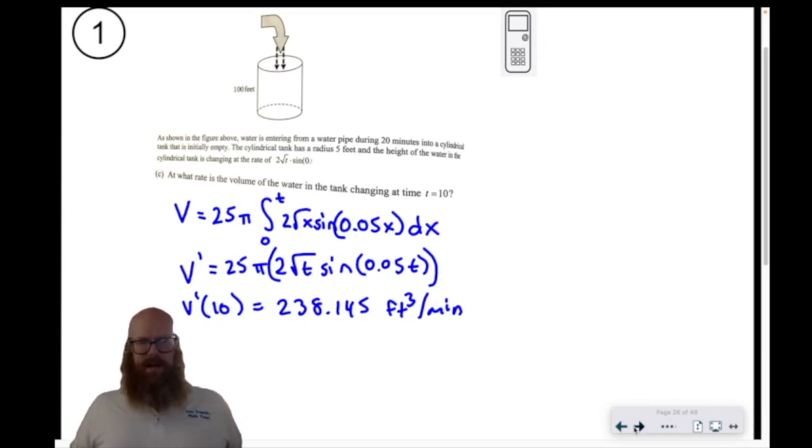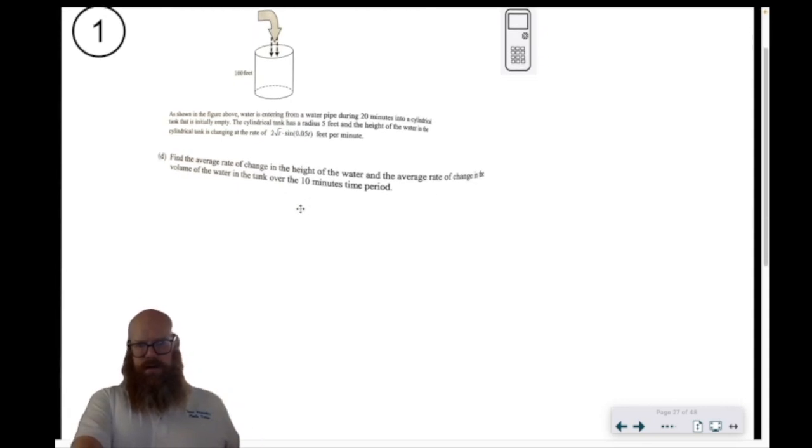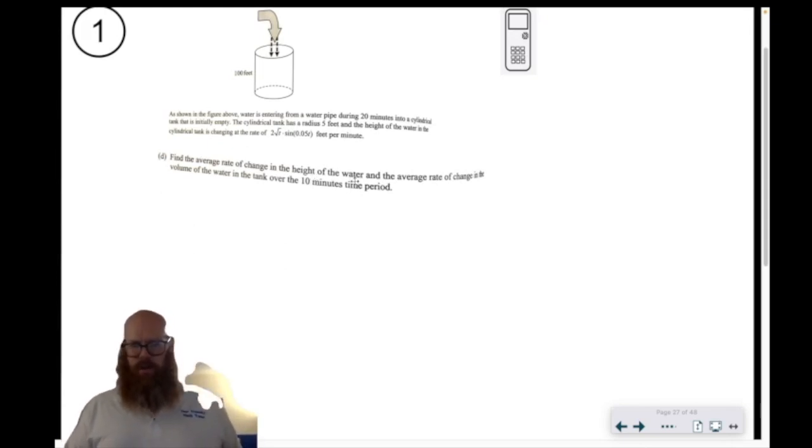All right, let's move on to part D. We want the average rate of change in the height of the water. The rate of change of the height is this function that was given.